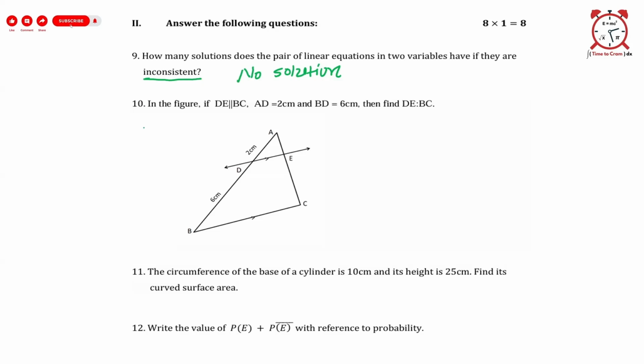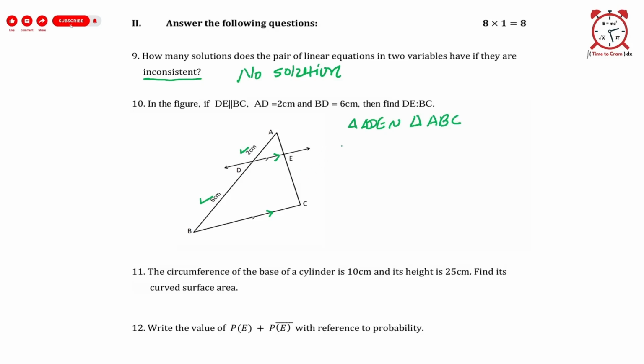Question number 10, in the figure, DE parallel to BC, AD equal to 2 centimeter, DB equal to 6 centimeter, we have to find DE is to BC. So we know that here triangle ADE is similar to triangle ABC by AAA criteria.